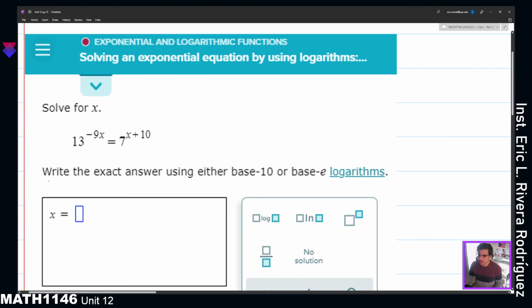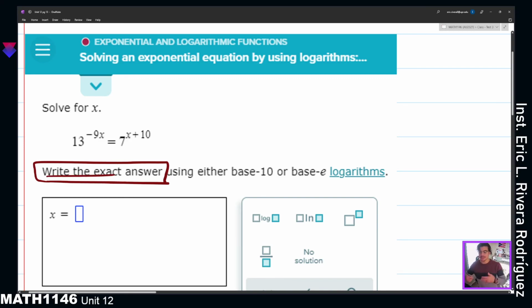Careful with this one because at the end, the exercise is asking to write the exact answer. That means that you don't need to evaluate the value at the end, like with the two exercises before. In those, you needed to round the final answer to the decimal places they were asking. Here, you need to write the exact answer.